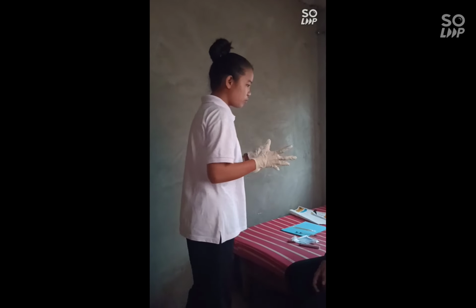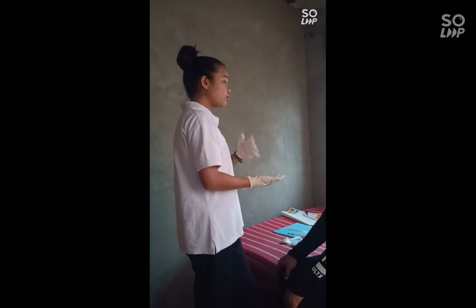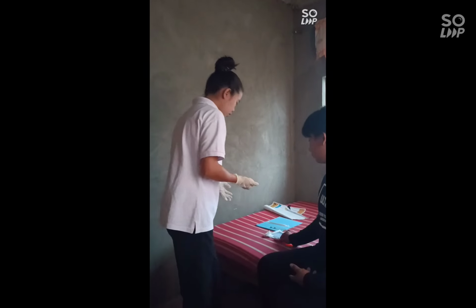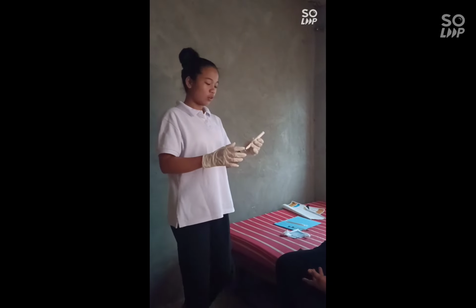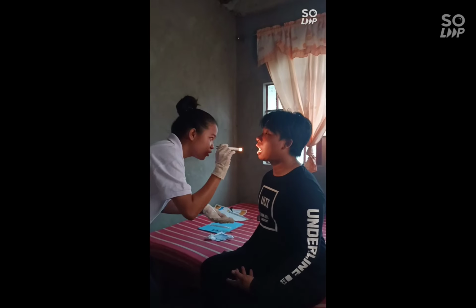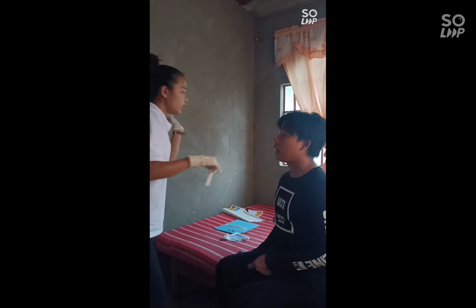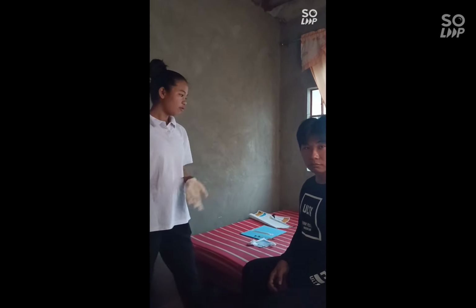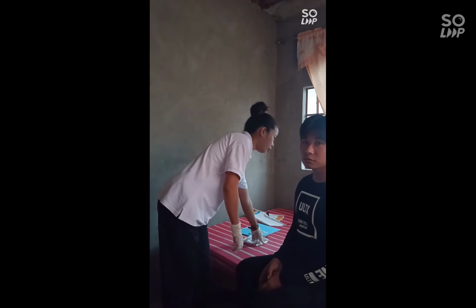Now let's move on to the inspection of the throat. I'm going to check three things, which are the uvula, gag reflex, and the tonsils. For the uvula, I'm going to check using the cranial nerve 10 test by asking the patient to say ah. Sir, open your mouth and can you please say ah? Again. As the patient says ah, there is elevation of the soft palate and movement of the uvula, which is normal.